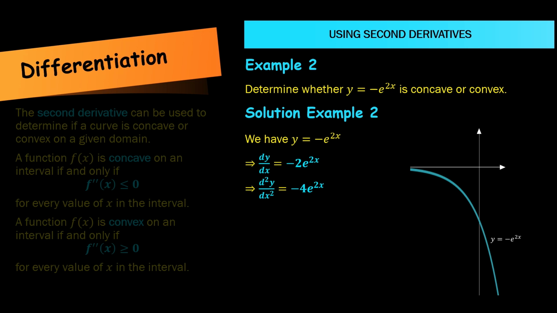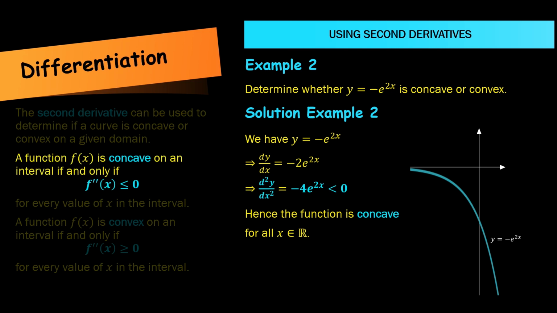Differentiating this again gives us d2y dx squared equals minus 4 times e to the power 2x. This is of course less than 0, and therefore the function is concave for all x in the real numbers.